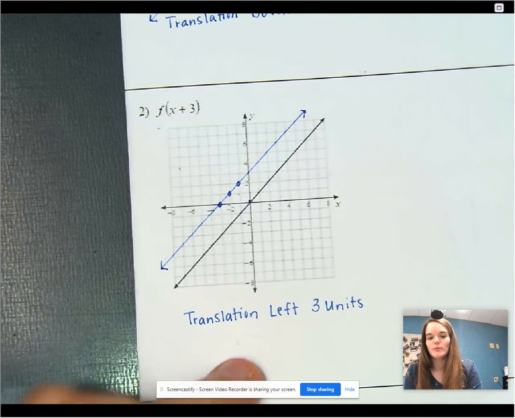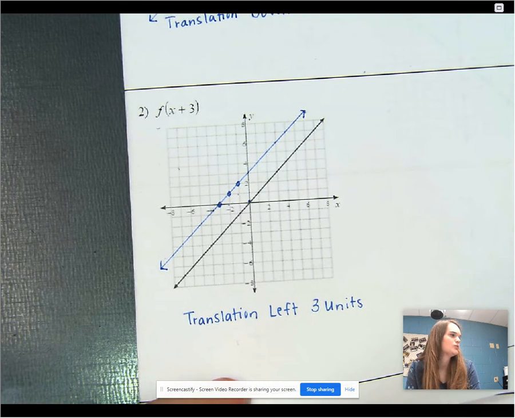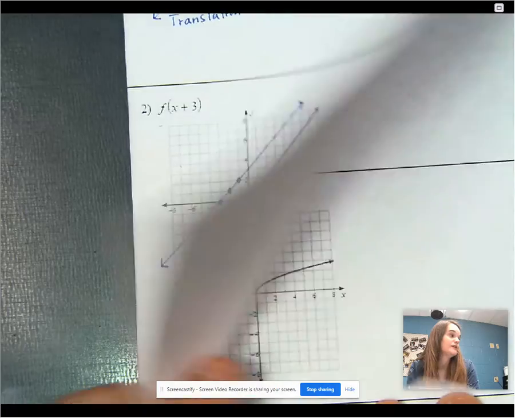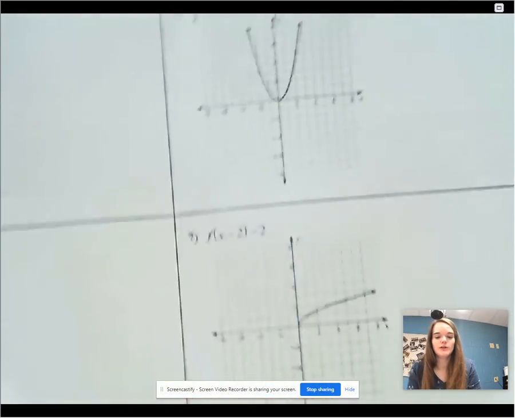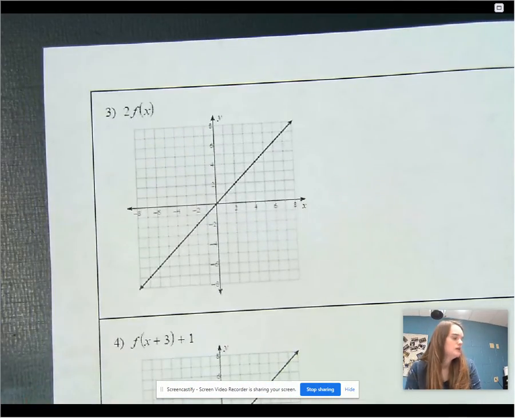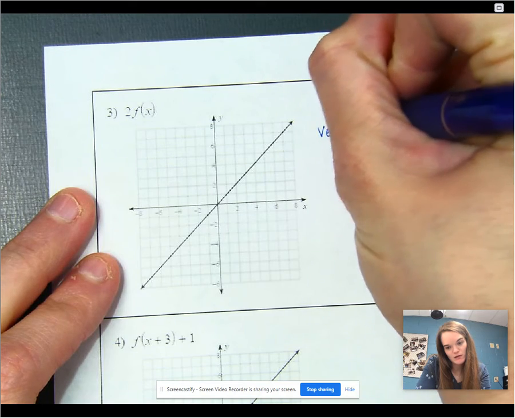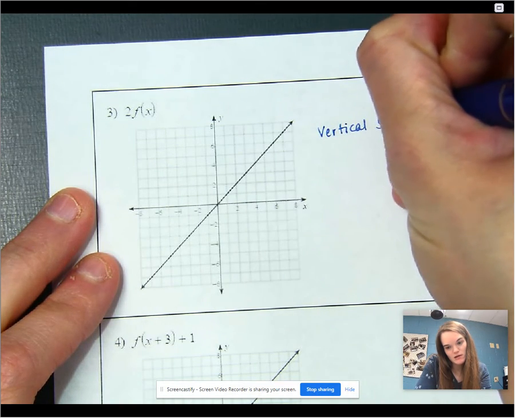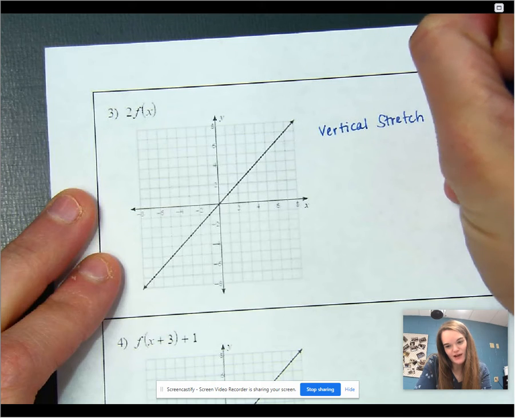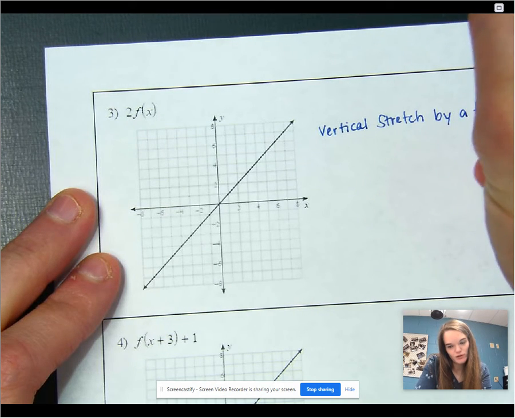Okay, open this up. We'll talk about number 3. Both of those were a linear parent function. So are 3 and 4. Number 3 has a number multiplied in front. That means it's either a vertical stretch or a vertical shrink. Since it has a 2 in front, it is a vertical stretch by a factor of 2.